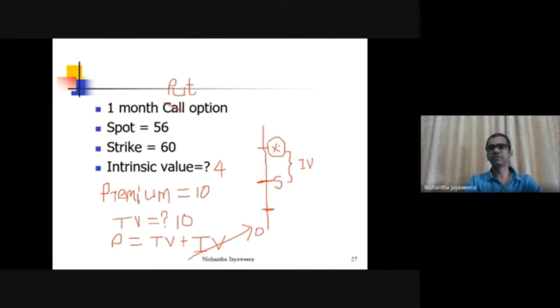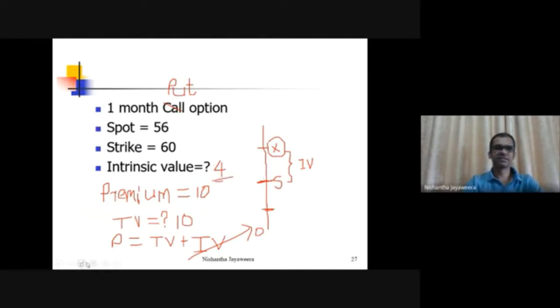It's positive. If the spot price is above the strike price, then you don't sell it at the strike price, you sell it at the market price. There's no intrinsic value. Intrinsic value is 0. But in this case, spot is less than strike. The difference is the intrinsic value. Okay, premium is 10.